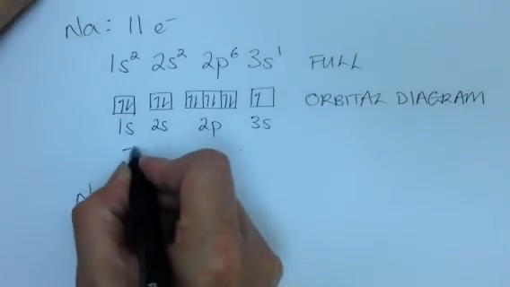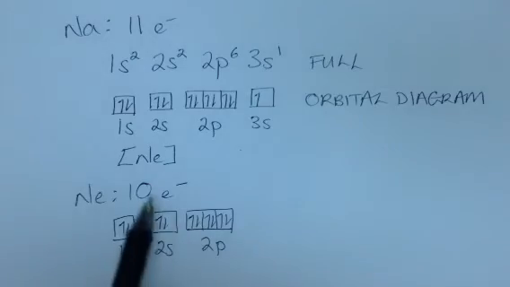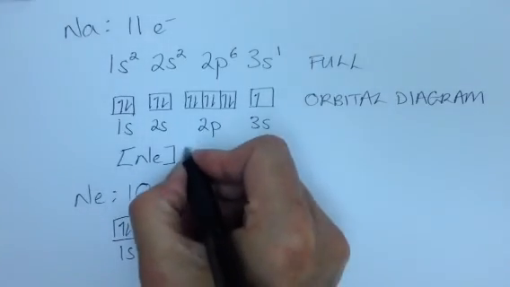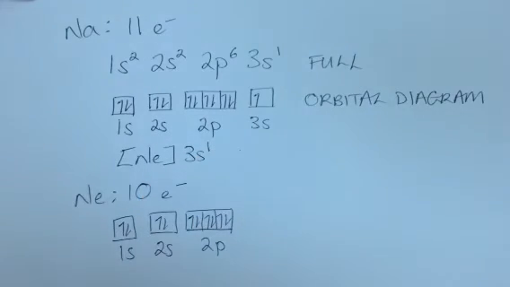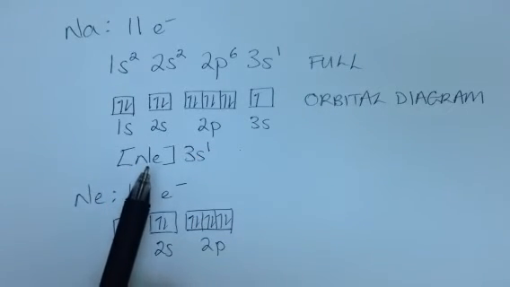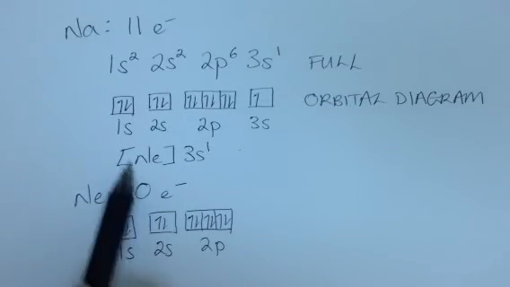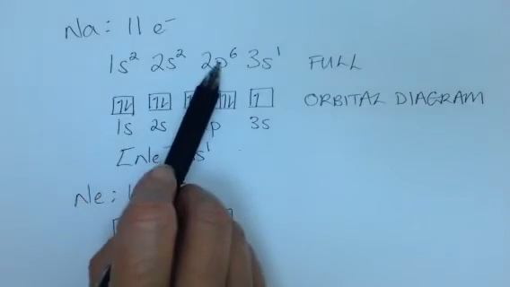And just represent neon's electron configuration, or whatever noble gas you pick, by just writing the noble gas in square brackets and then writing what comes after it. So instead of writing 1s2, 2s2, 2p6, 3s1, we can just write [Ne] 3s1, because neon's configuration is 1s2, 2s2, 2p6.